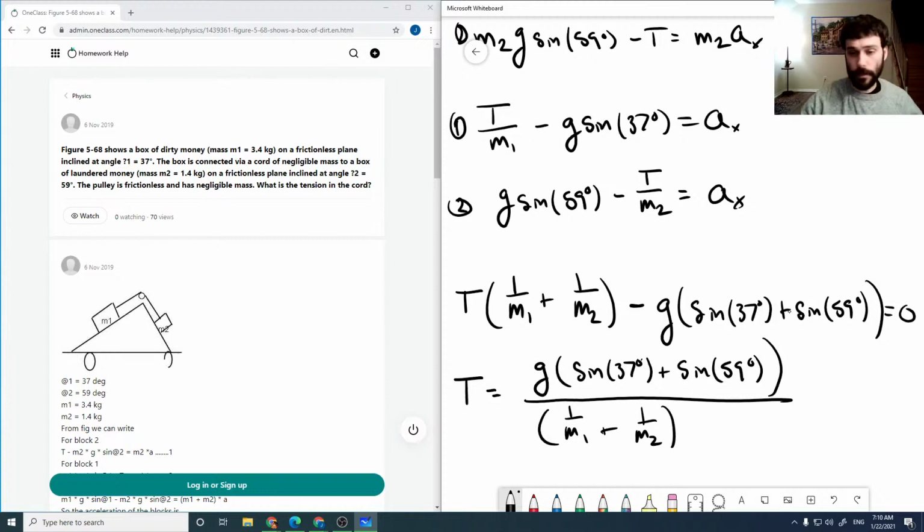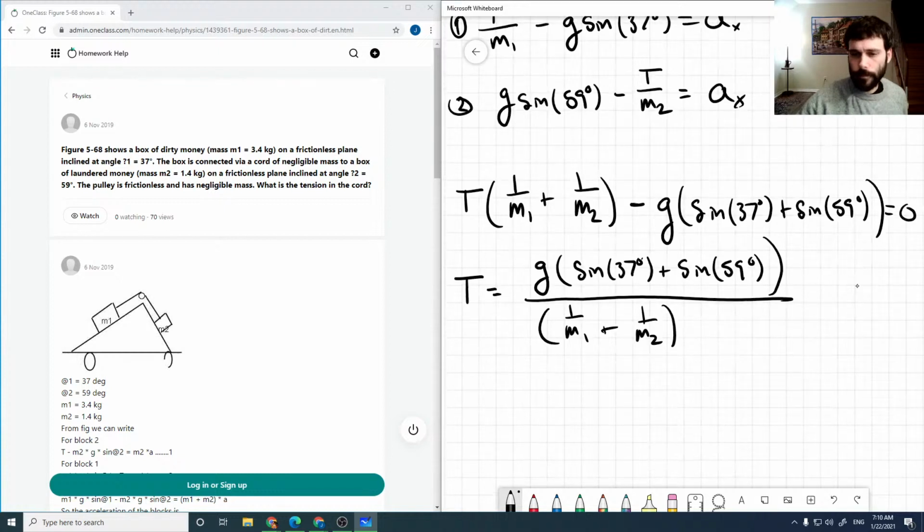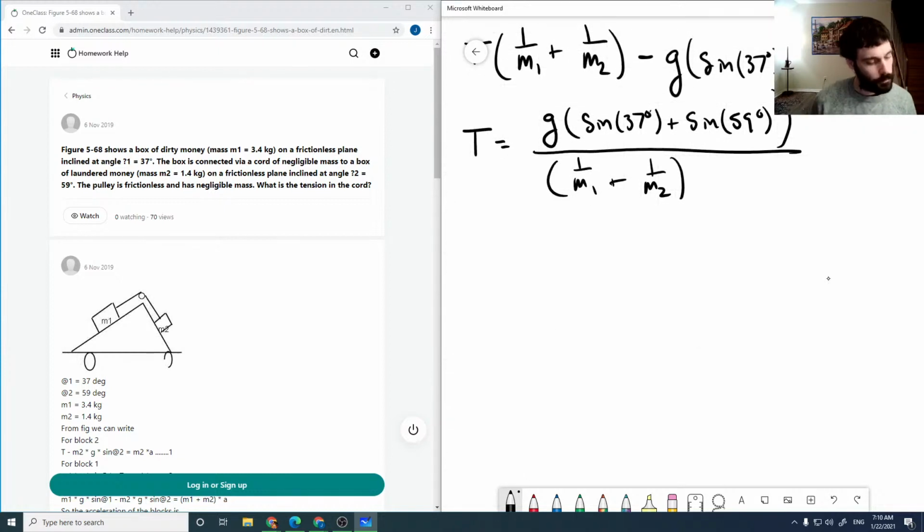And now we can place in values. So then our tension is 9.8 meters per second squared. If we sum that up, that's 1.45898.